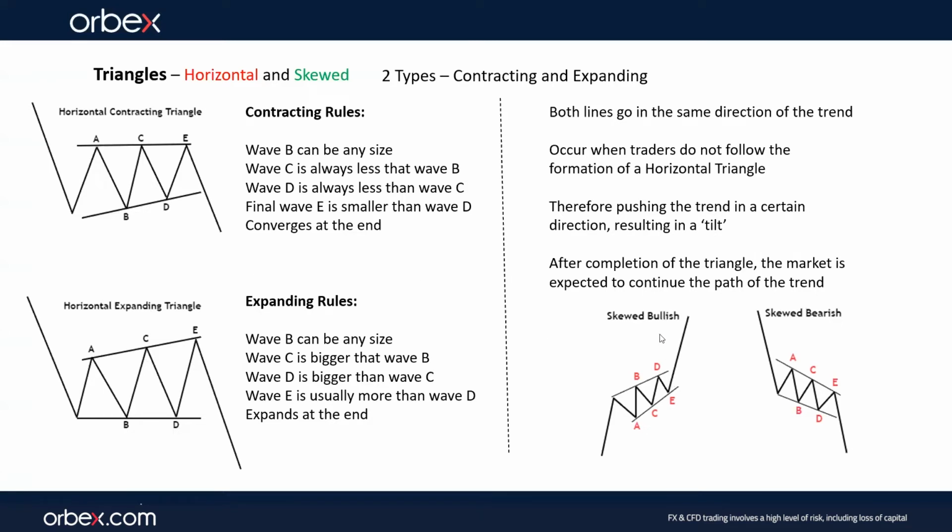But with the skewed bullish triangle, it's still progressively moving higher until we get that final leg. And same with the skewed bearish, we're moving lower until we get to that final wave E, and then we're moving lower. So after the completion of the triangle, the market is expected to continue the path of the trend.